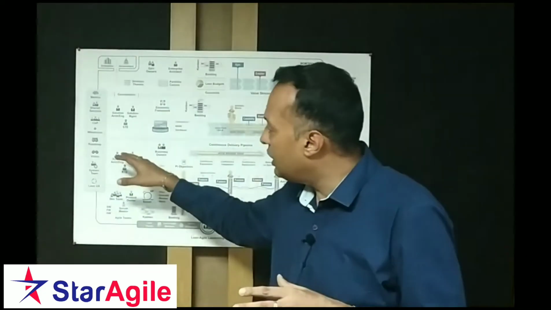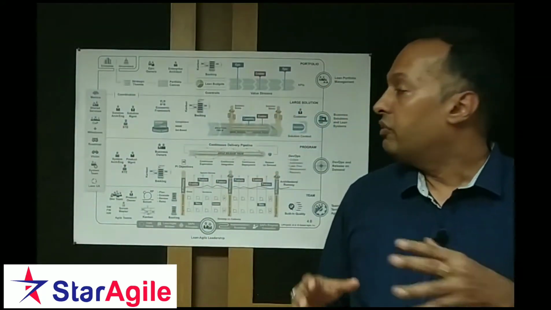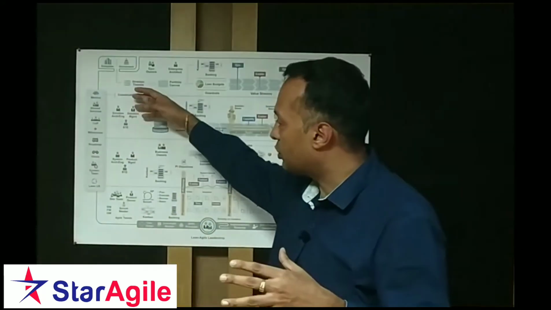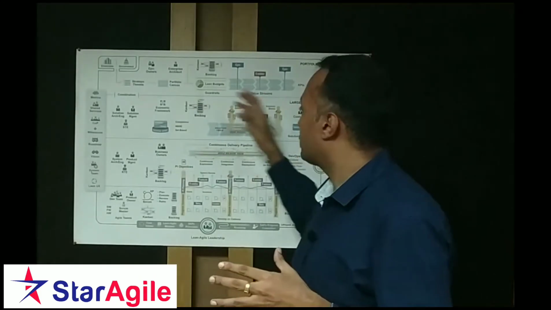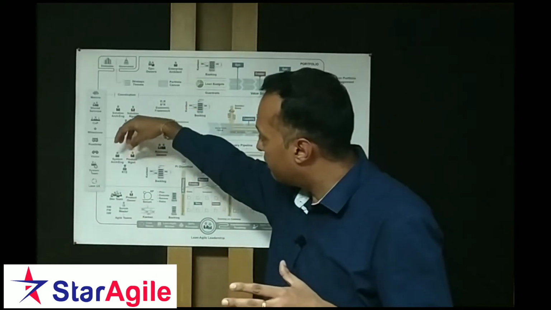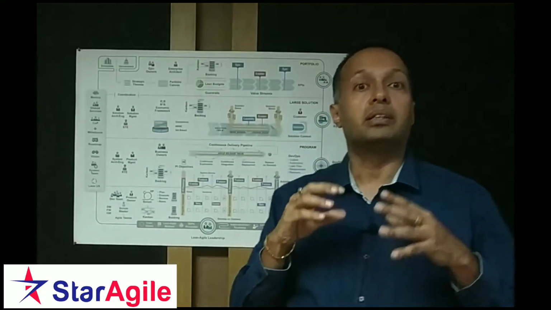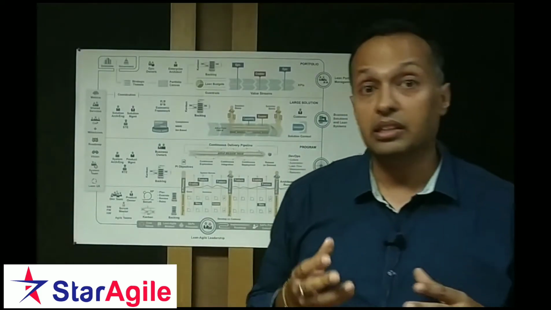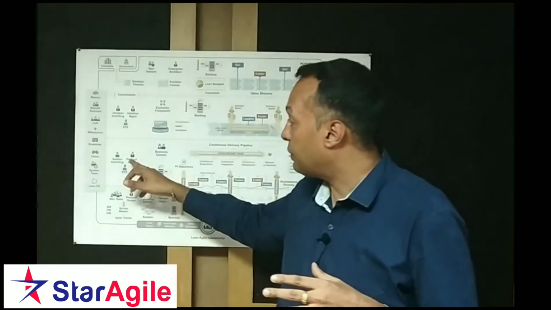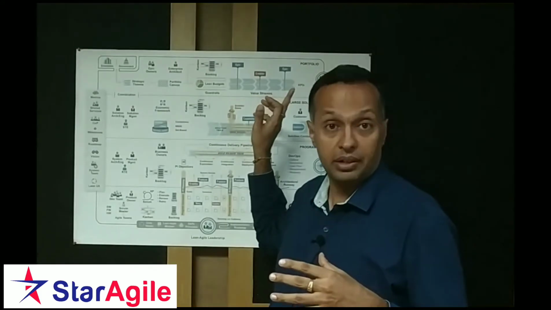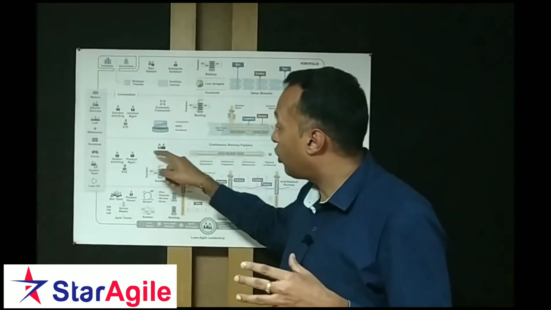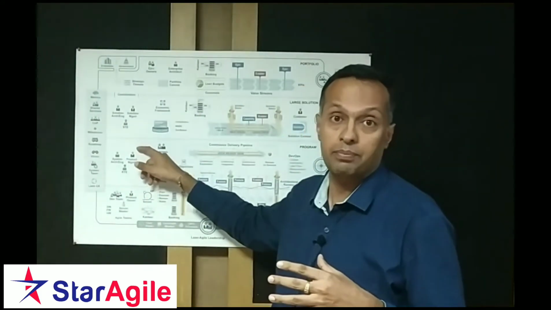Similarly, when we are running multiple programs, we have scaled up these roles to the next level, called the solution level. If we are dealing with multiple product management functions, they work with solution management in a similar fashion to understand expectations for the upcoming roadmap and define their program backlogs.